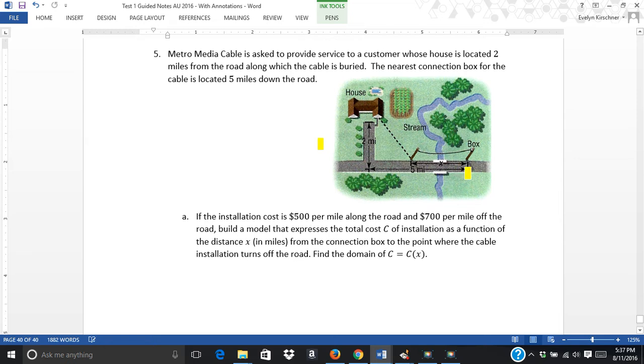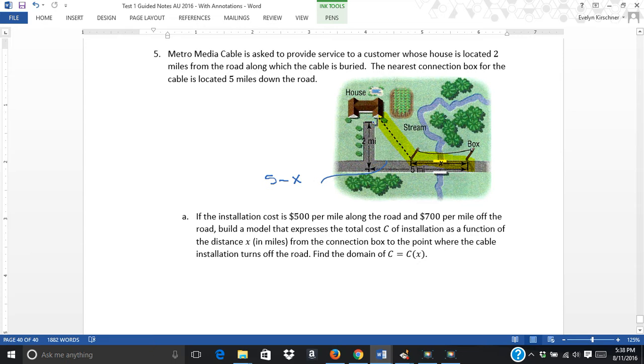So what I want to know is, what's the cost to run the wire from here up to here? What is it going to be? So what I know is that if this distance is x here, this distance here is 5 minus x.